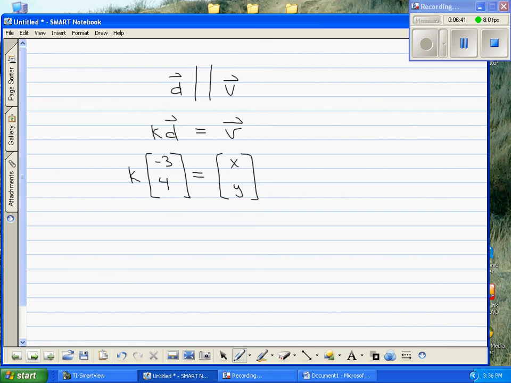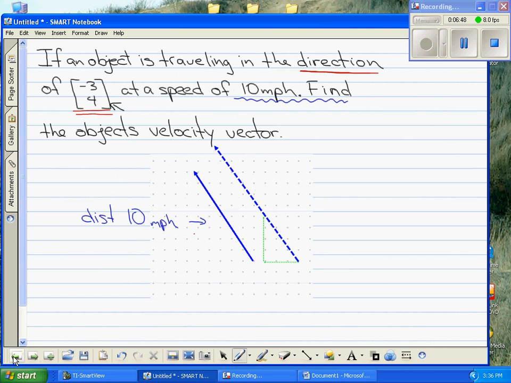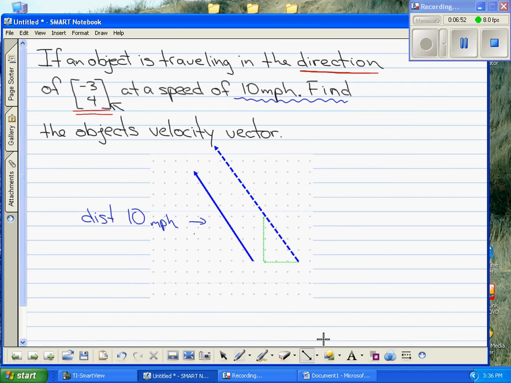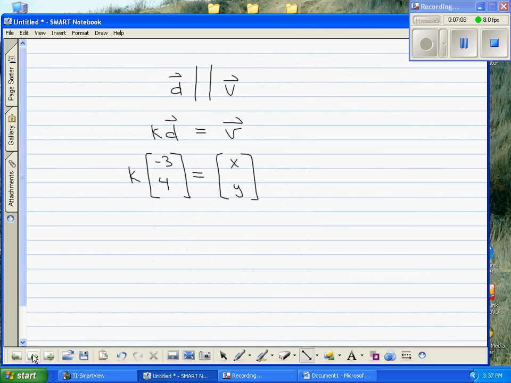Now, what do I know about these two vectors? Going back over here, I know that the magnitude is 10 miles per hour. So if these two vectors are equal, then these two vectors have to have the same magnitude. If this magnitude is 10 miles per hour, then this vector must also have a magnitude of 10.